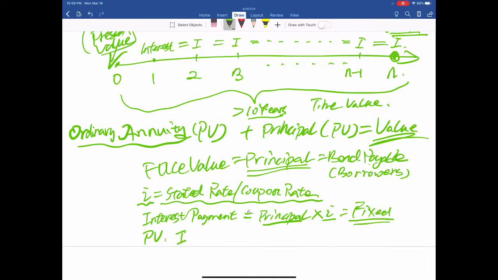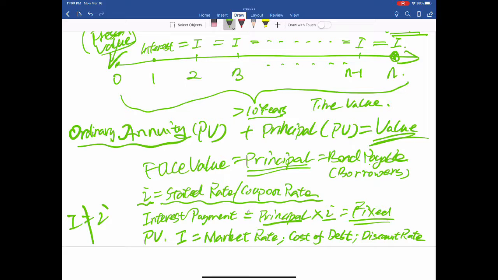And that interest rate actually is the market rate, or another name is cost of capital, or cost of debt, or discount rate, which is different from the coupon rate. Okay, so those are some concepts of the bond. In the next video, I'm going to use an example.